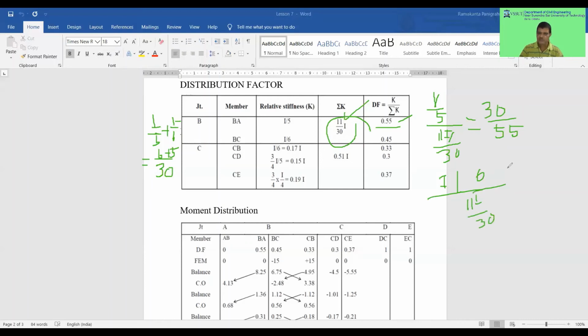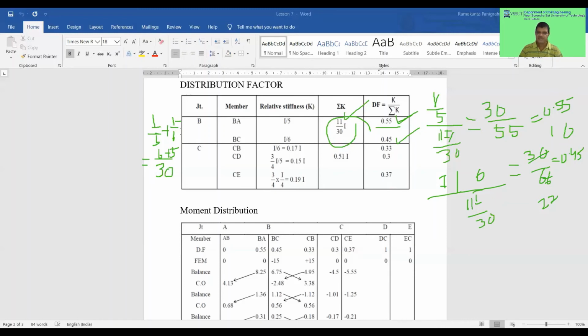So that comes out to be 30 by 66, which is 10 by 22, so this comes out to be 0.4. You can calculate by calculator or do it this way. I am just giving an example. So these values come to 0.55 and 0.4.